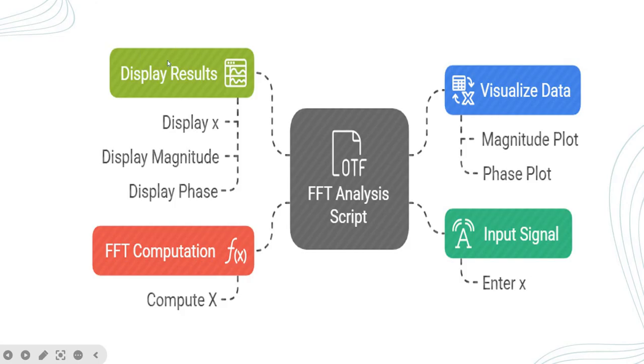Then we have displayed the results: we are displaying the input sequence, the magnitude, and the phase. Later on we plot them, so that we can visualize the magnitude and the phase.